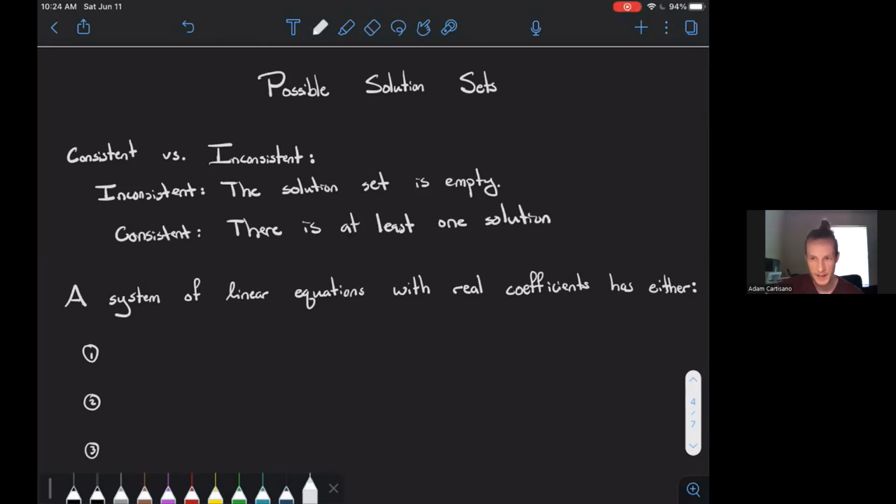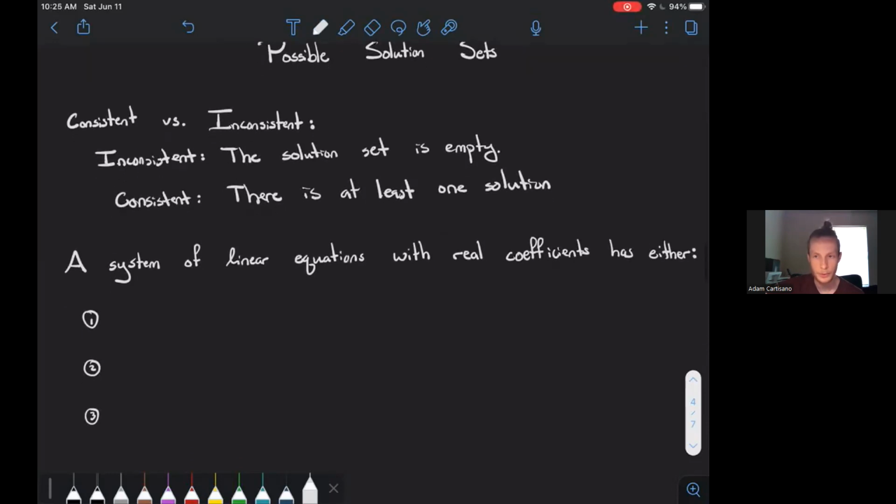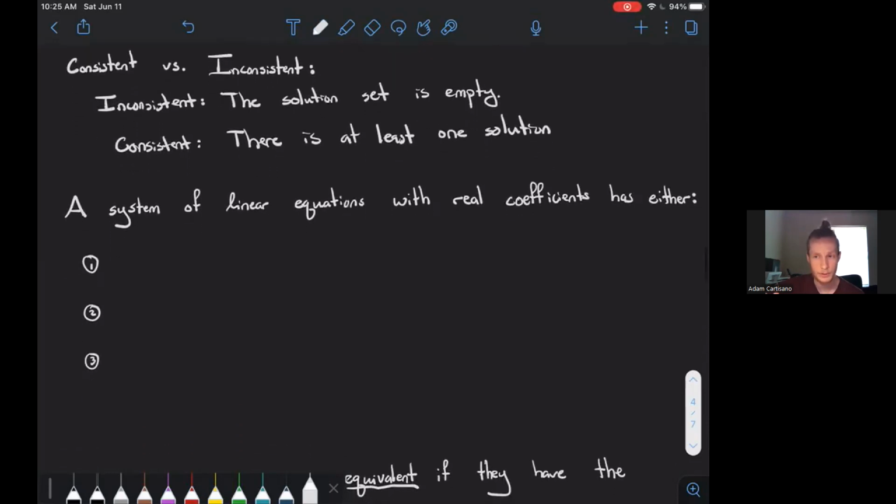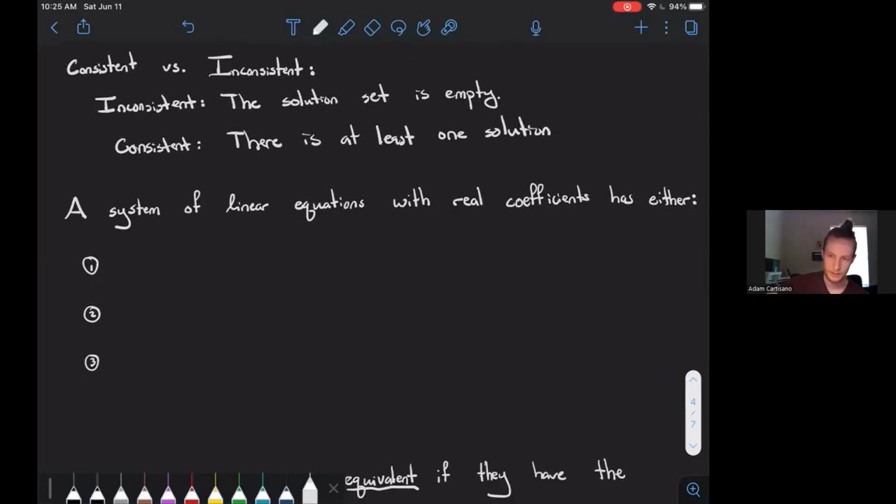So that's not terribly helpful. We can actually get a little bit more nuanced than this. There are three possible solution set sizes, we'll say.